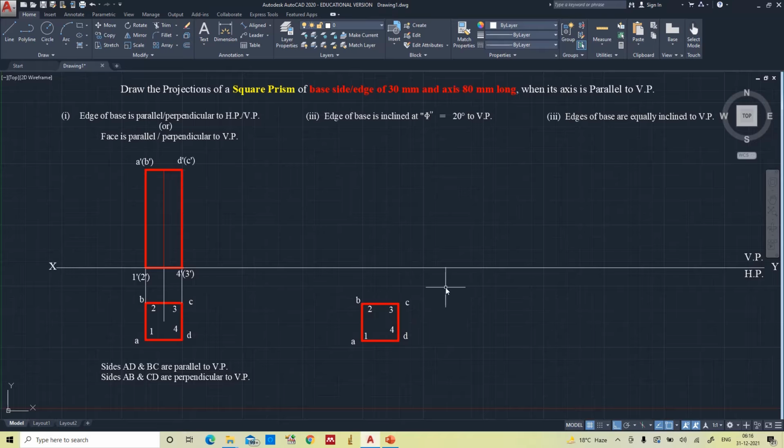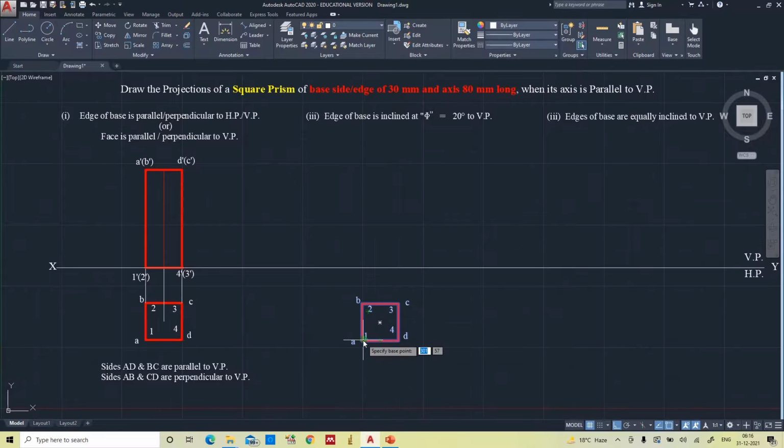I'll draw. Okay. So as I said, this will be rotated. One of the edge will be rotated 20 degrees to vertical plane. So I selected all the things, rotate. So now I am taking A. You can take either A or B because I am going to consider AD edge, and also BC is parallel to AD.